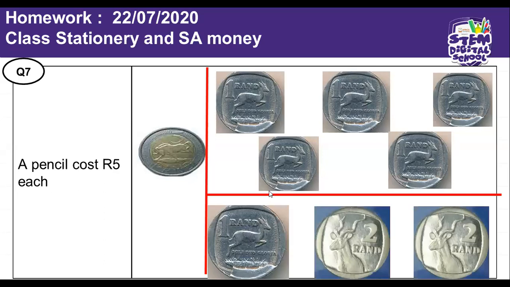Okay, 2 rand. And what else? Remember, we want to pay 5 rand. So I have your 2 rand. How much more are you going to give me to get your pencil? 1 rand. 1 rand, good. How much more? 2 rand. Okay, all right, great. Thank you so much, Abongiwe. Well done.